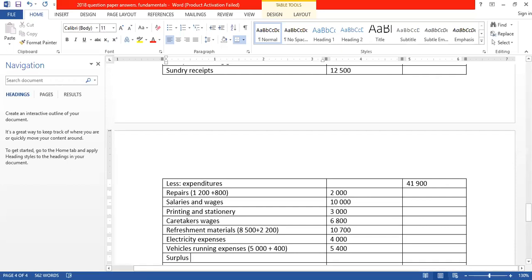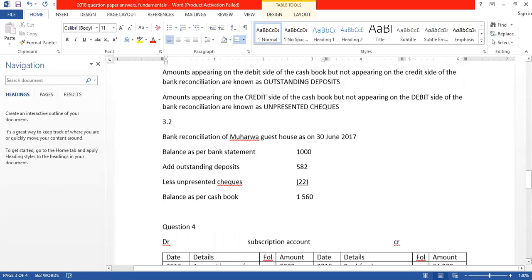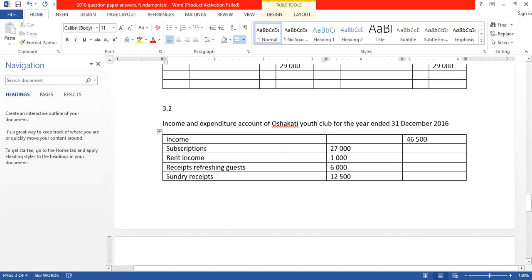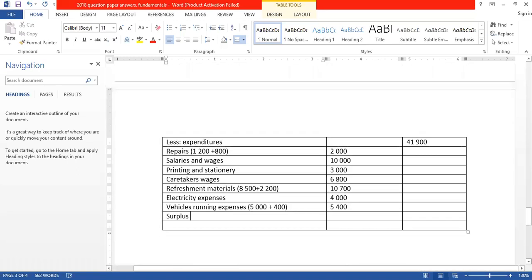But looking at this, you can tell that your incomes are more than your expenditures, and therefore you will have 46,500 minus 41,900. And then you get a surplus of 4,600.